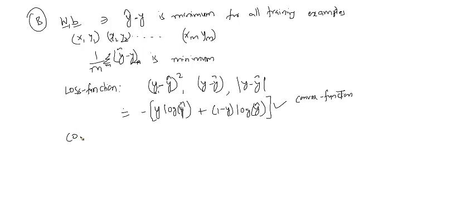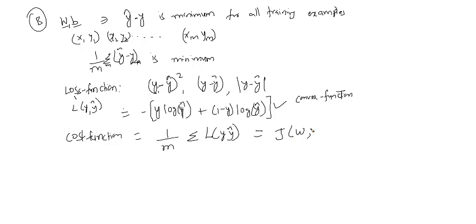Again, let's call this loss function L of y comma y hat. The cost function is the average of the loss of y comma y hat over the m training examples. We can represent it as a function of w and b. For given w and b, we can compute a cost function. Remember, the loss function is for each training example, and the cost function is for the whole data set.